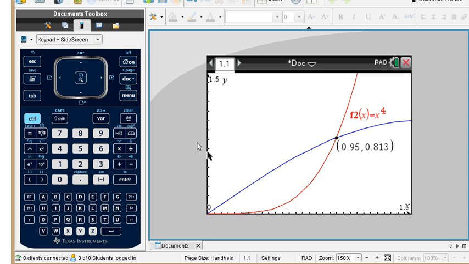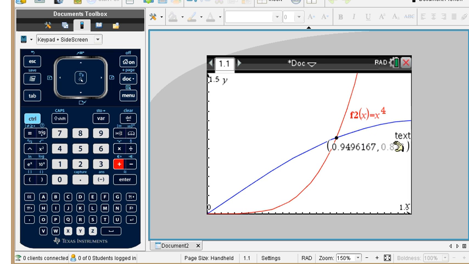What I'm going to do is easier for you to do with your own calculator than it is for me to do here, but I'm going to take the cursor and hover over that x-coordinate, and then press the plus sign on my calculator, and that gives me more significant figures. I do the same thing for the y-coordinate.